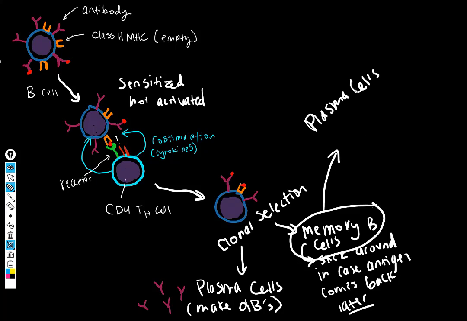So basically, if a memory B cell encounters the same pathogen again, it rapidly activates a group of plasma cells to pump out antibodies against that antigen immediately instead of having to wait for all this to happen. And the question was, does this secondary exposure event that results in plasma cells also refresh the supply of memory cells? And the answer is yes, it does.